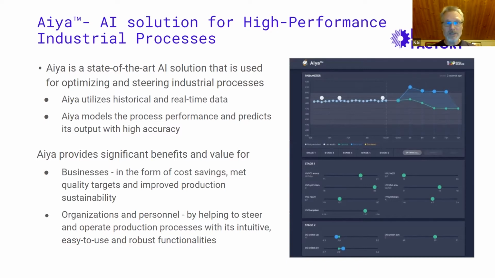There has been significant benefit for the business itself, but also it's helping the organization and personnel to understand how the process is performing and how they can steer it in different production scenarios.